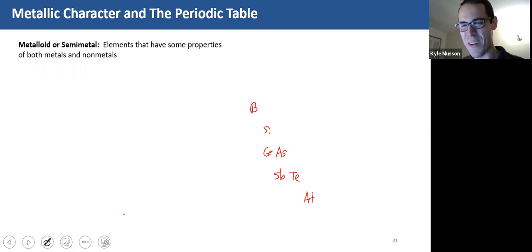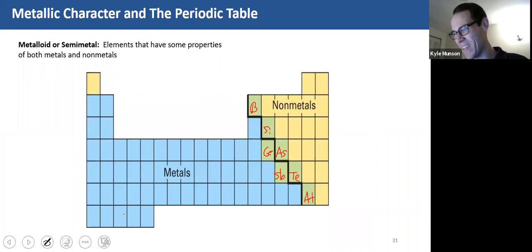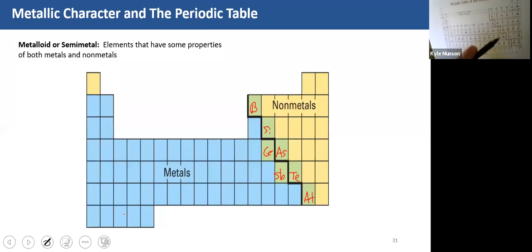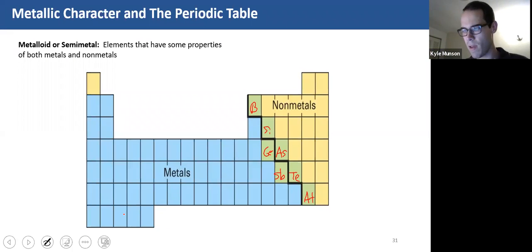So, metalloids or semi-metals are elements that have some properties of both metals and nonmetals, and they're found here. If you look at your periodic table, there's kind of a staircase there, probably in red on your periodic table. It's black here. These elements here are the metalloids or the semi-metals.